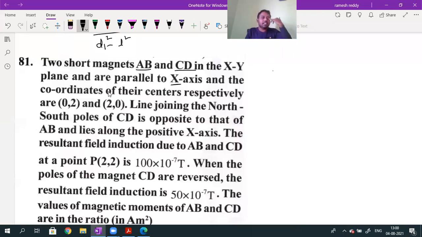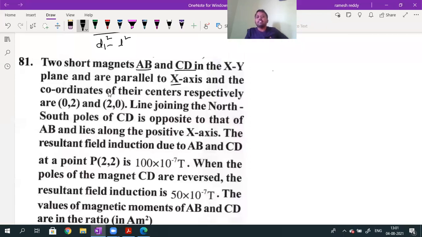The coordinates of their centers are given: AB is at (0, 2) and CD is at (2, 0). The line joining the north and south poles of CD is opposite to that of AB and lies along the positive x-axis.